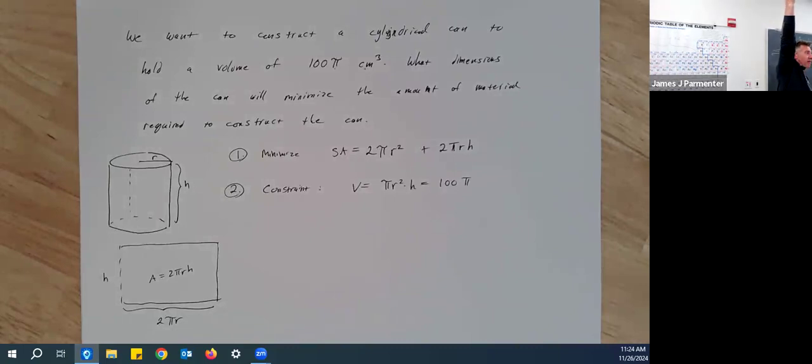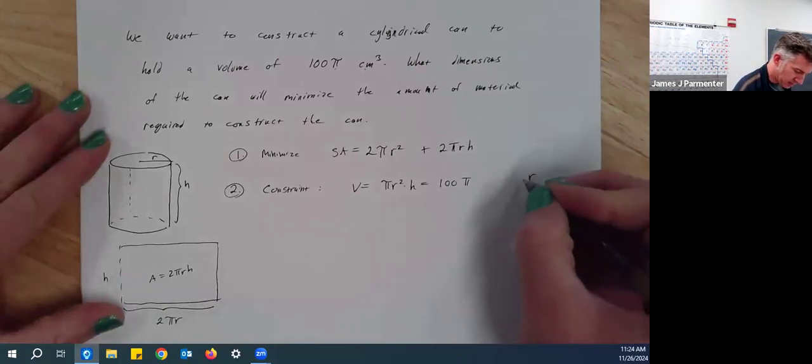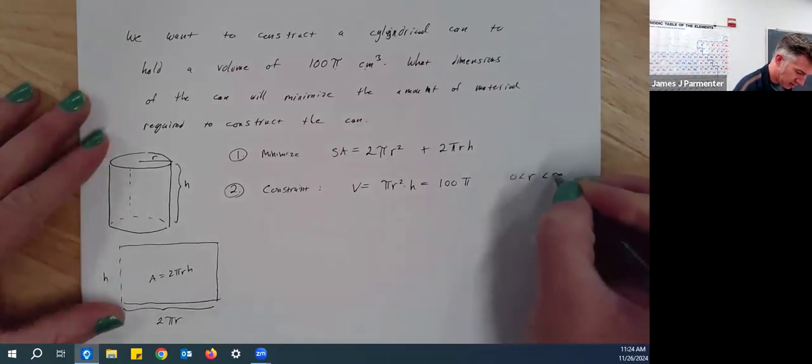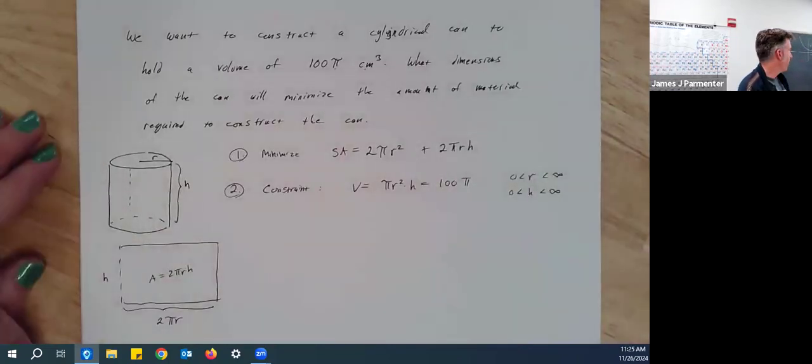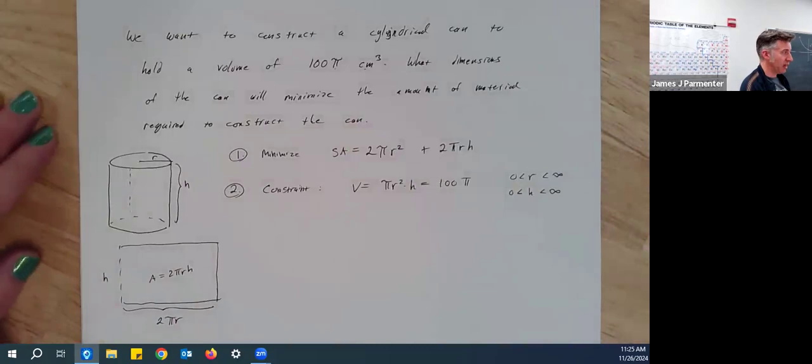Or a can that looked like a pancake, super wide and very flat. Both could hold the right volume and would definitely not minimize the material you're using. But the point is that your radius can be any positive value, so both your radius and height are somewhere between 0 and infinity. If you make a can that looks stupid enough, you can have your radius be as large as you want it to be.